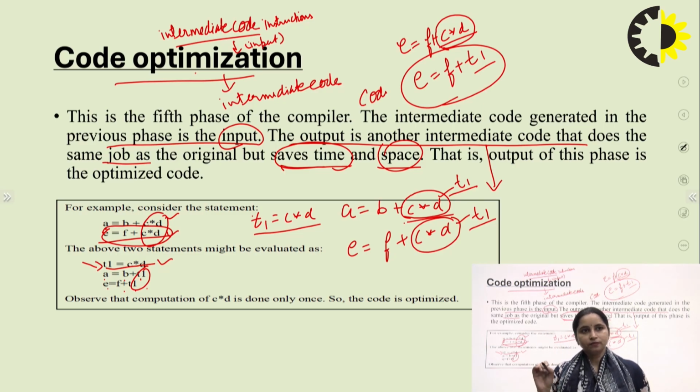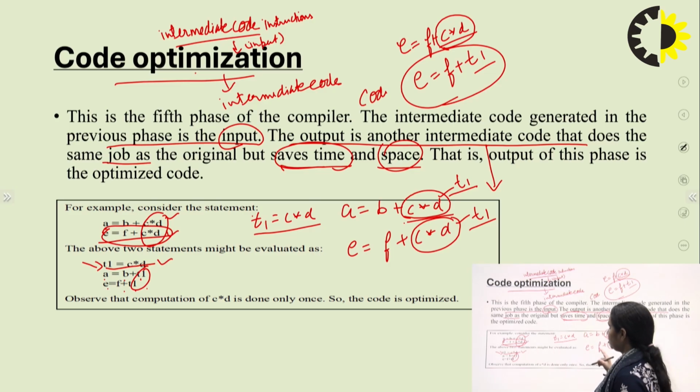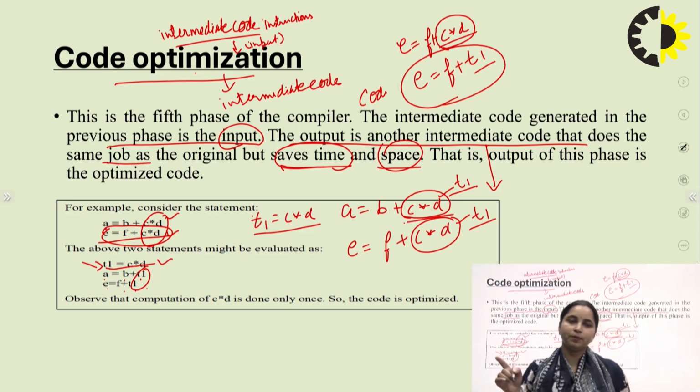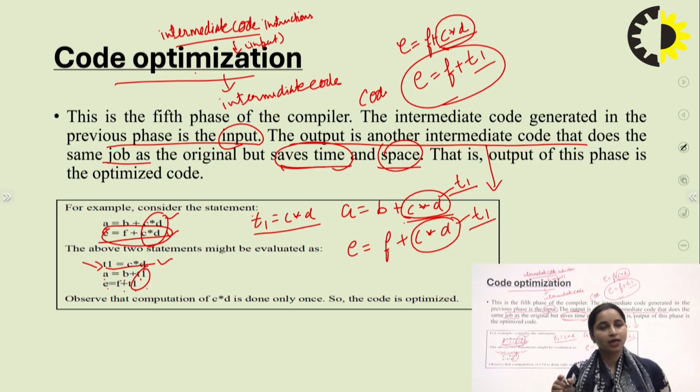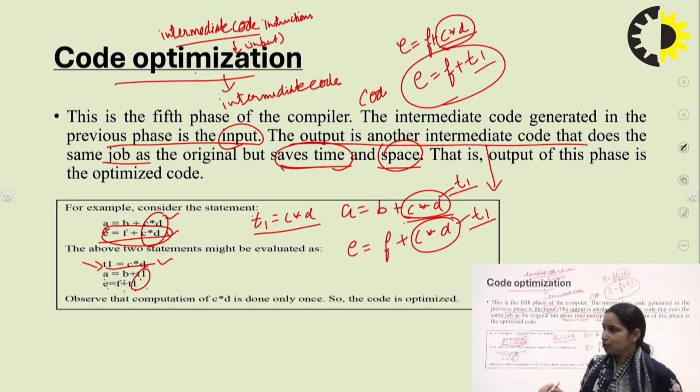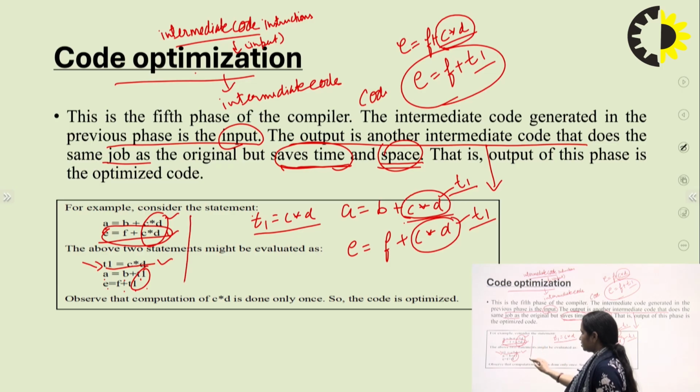But in code optimization, for those intermediate code instructions, if there is any chance of optimization, we will first perform the optimization and then receive that code in the optimized form. Again you can see it is saving time as well as space. So this is the example of code optimization.